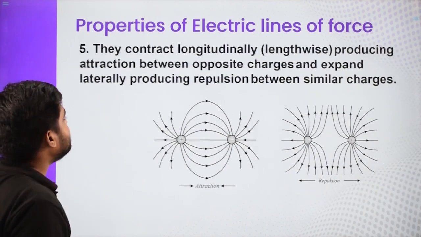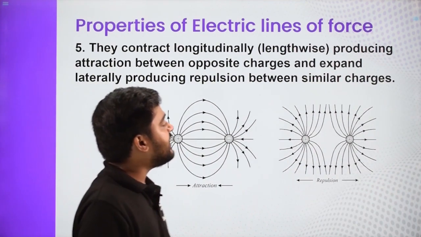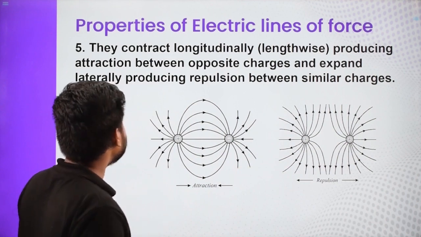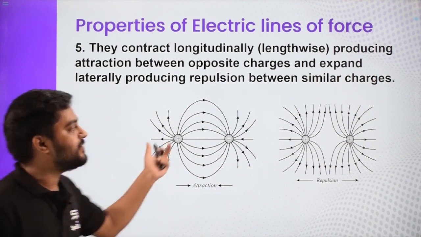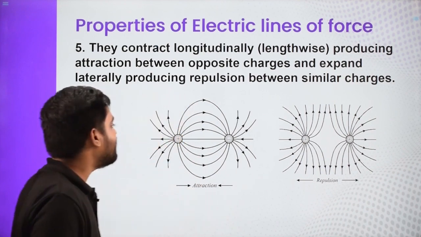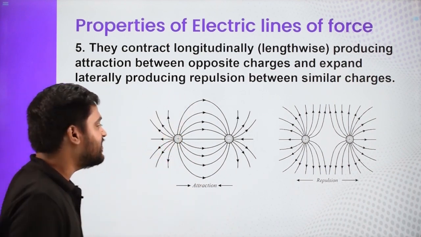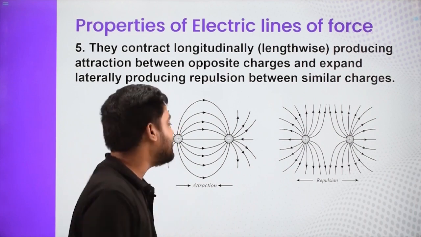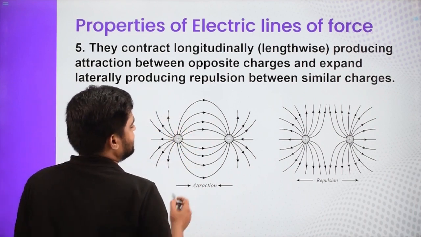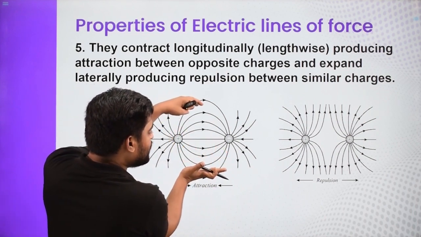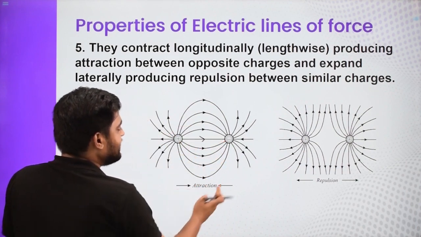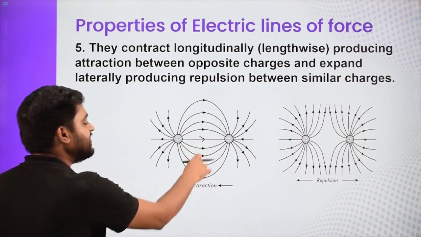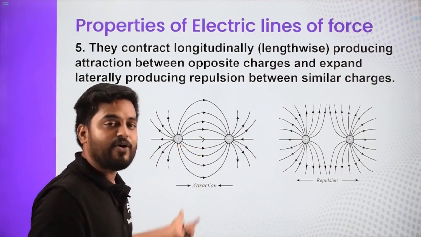Now the next property is they contract longitudinally, that is lengthwise, producing attraction between opposite charges, and expand laterally, producing repulsion between similar charges. So field lines behave like elastic strings which have been stretched and are trying to compress. So they are trying to decrease the length, due to which they will attract, like these will produce the attraction between these two charges, the positive and negative.